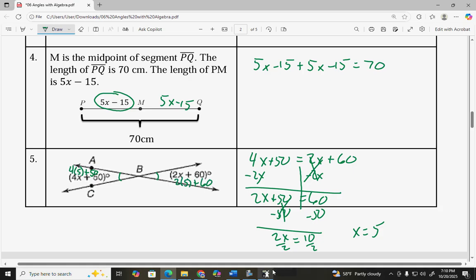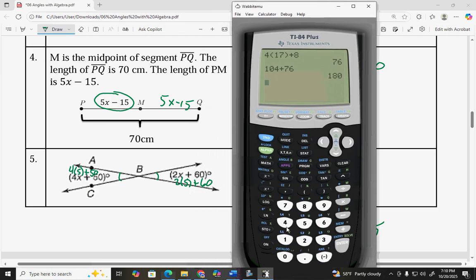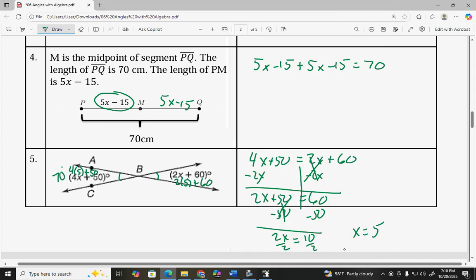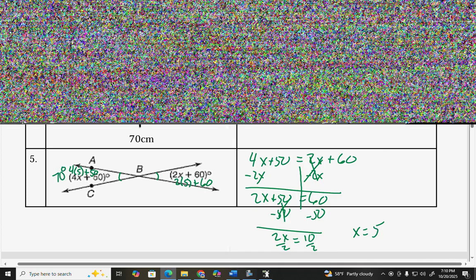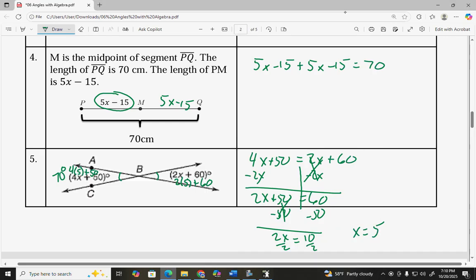So open up that calculator, and 4 times 5 plus 50 is 70. And now let's try the other one. 2 times 5 plus 60 is also 70. So see that it works.